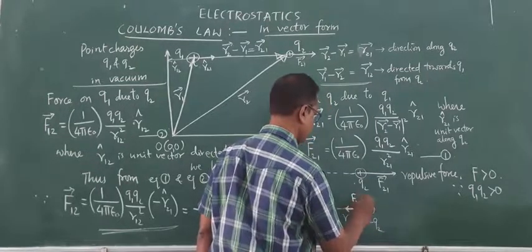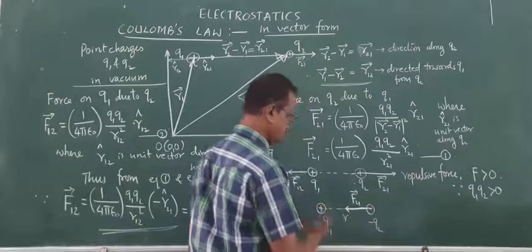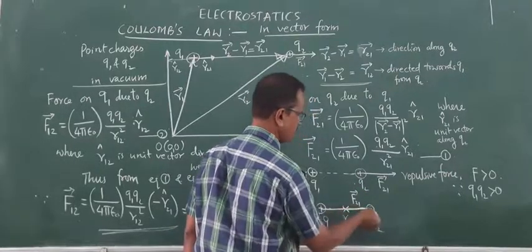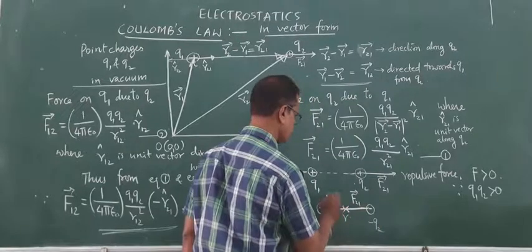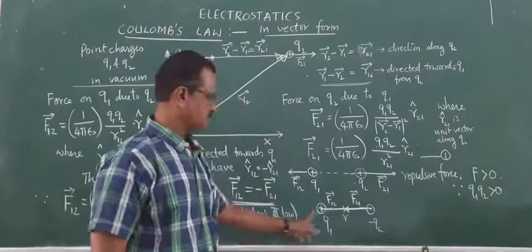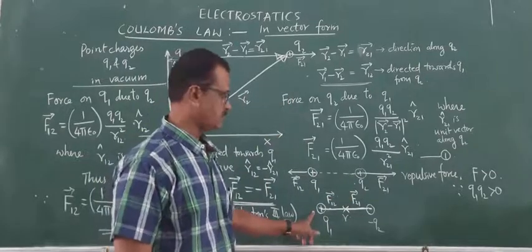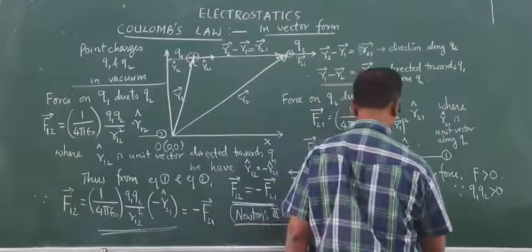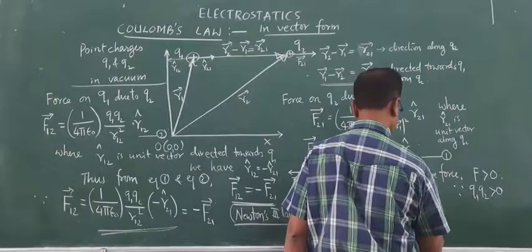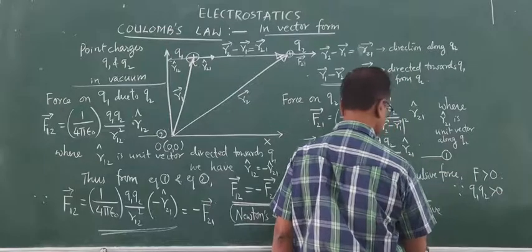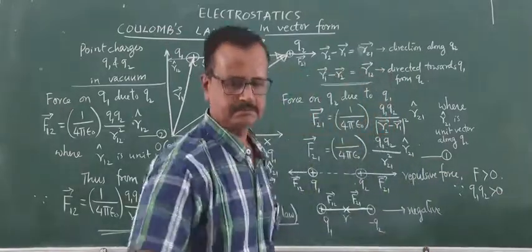This is F21 directed towards Q1, and force of attraction again towards Q2. This is F12. So this is how we represent force of attraction, and force of attraction will be negative. Why is it negative?